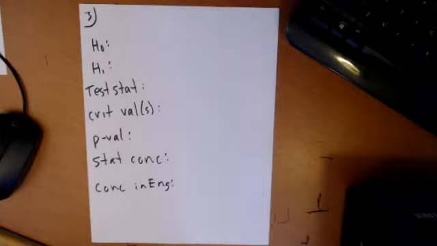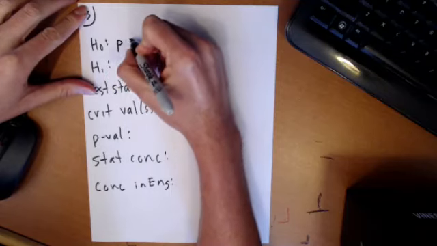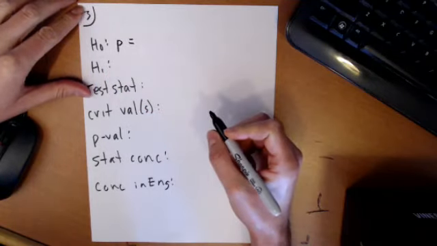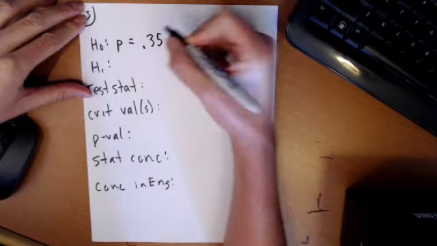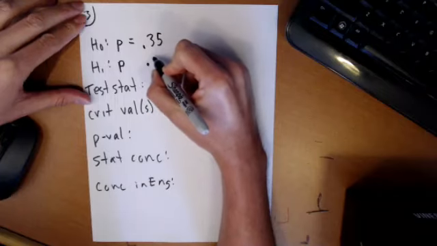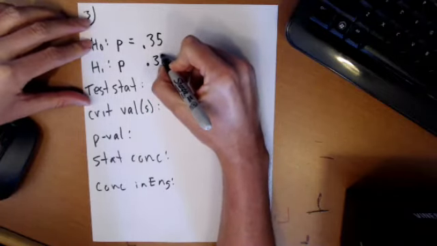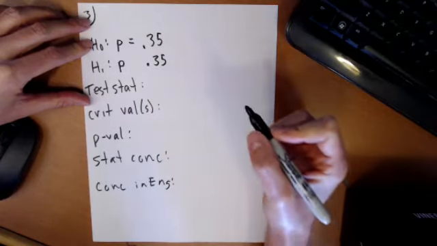Okay. So the null hypothesis, remember, the null is always going to get an equal sign, so P should be equal to something. The school newspaper is claiming 35%, so 0.35. The alternative hypothesis should look just like the null, except we need a different symbol: either a less than, a greater than, or a does not equal.